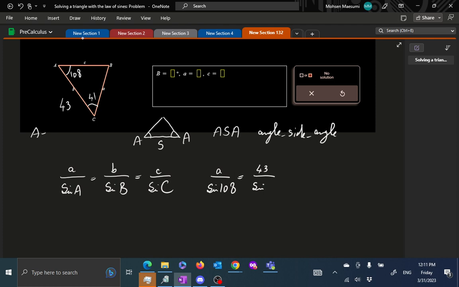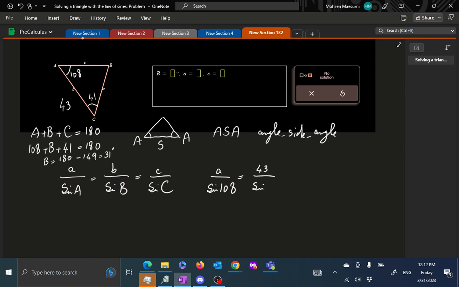We know in each triangle on a flat plane, A plus B plus C is 180 degrees. So A is 108, B we want to find, C is 41, this has to be 180, so B is going to be 180 minus 149, that's the total, and I get 31 degrees.